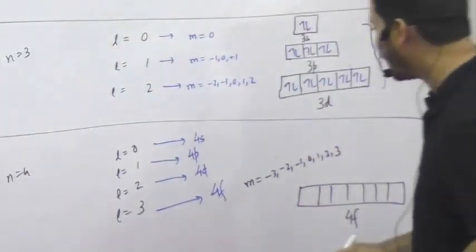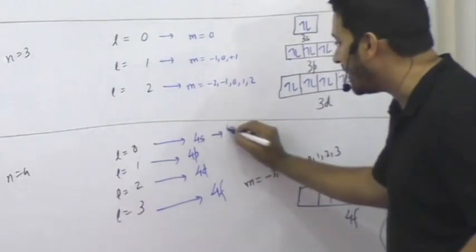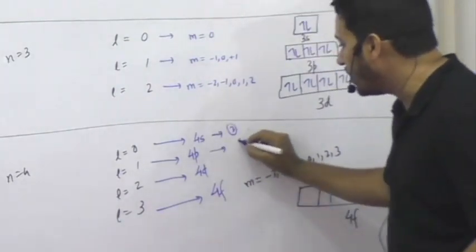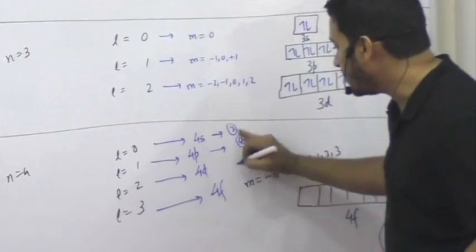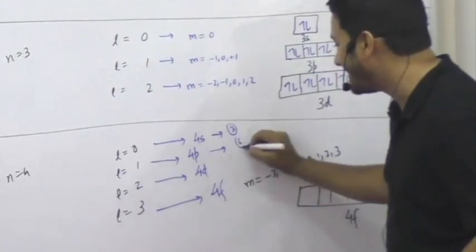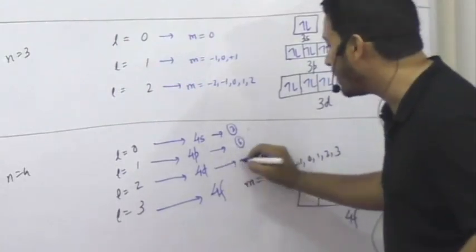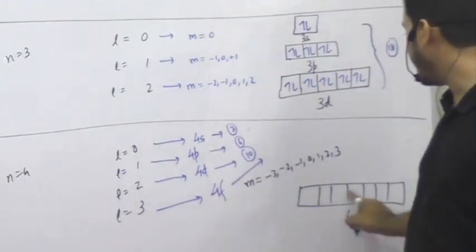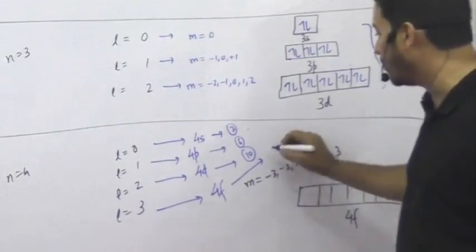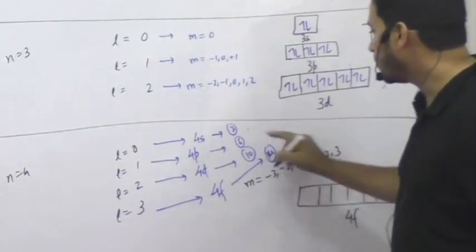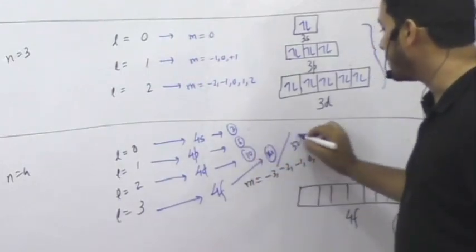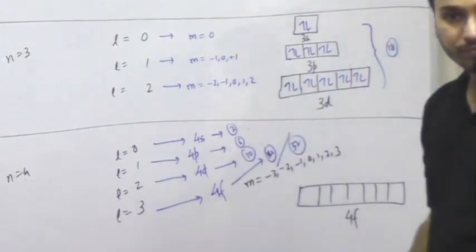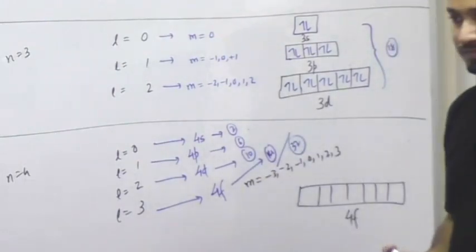And how are those 32 electrons divided? 4s can hold how many electrons? 2. 4p can hold 6, it has 3 orbitals. 4d can hold how much? 10. And 4f will hold how much? It has 7 orbitals, so 7 into 2, 14. So 2 plus 6 plus 10 plus 14 is how much? 32. Yes or no?